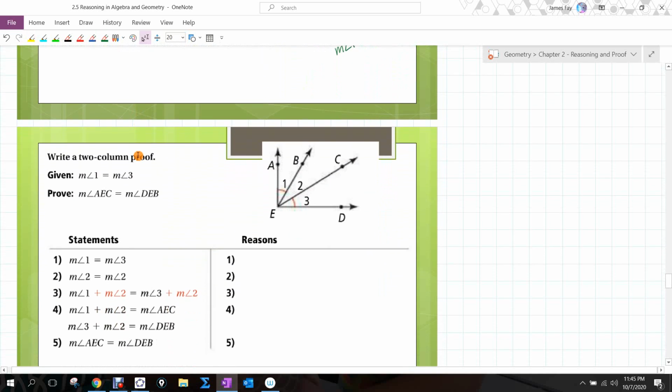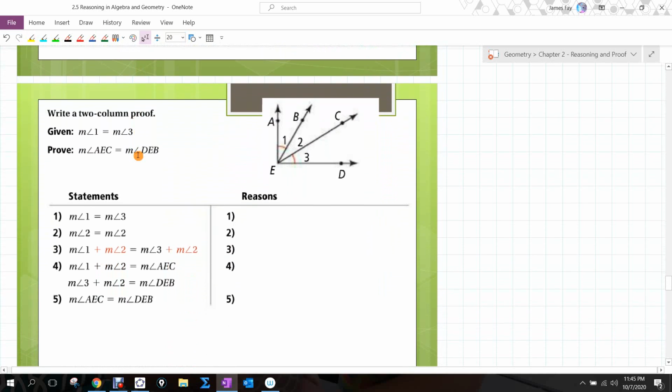All right, so we're going to do a 2-column proof here. Early on, you're going to see a lot of your 2-column proofs with statements filled in for you, and we just have to come up with the reasons. Or they'll have like 3 statements written, and then a blank one, and they'll have 3 blanks over here.